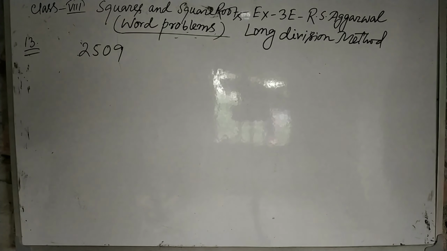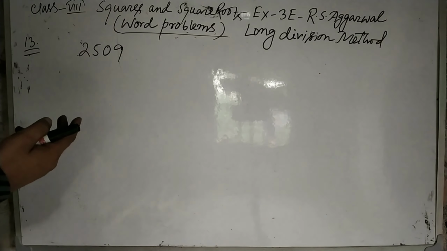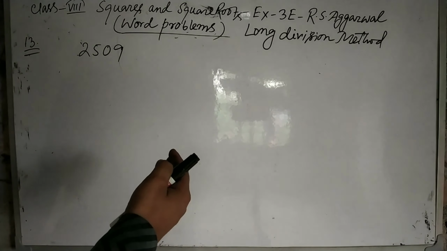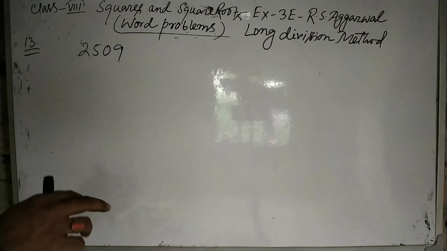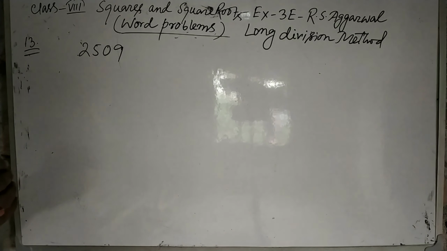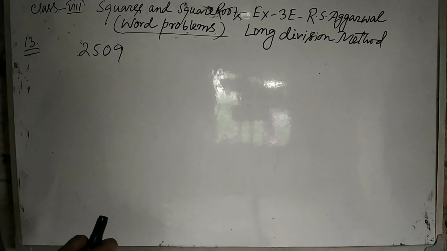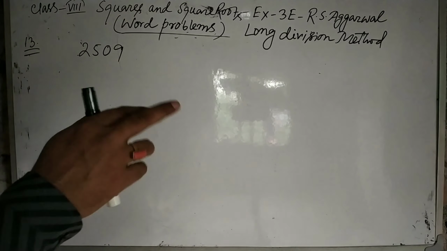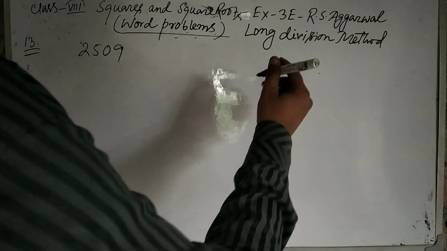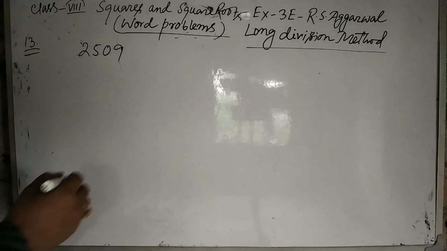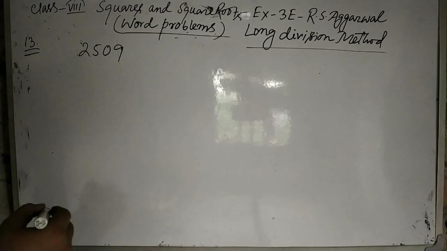In my earlier videos, I told you that when you have this type of problem, that is, the question says what you have to add with the given number or what you have to subtract from the given number, so that the resulting number will be a perfect square number, then in that case only you have to use long division method of finding out square root.